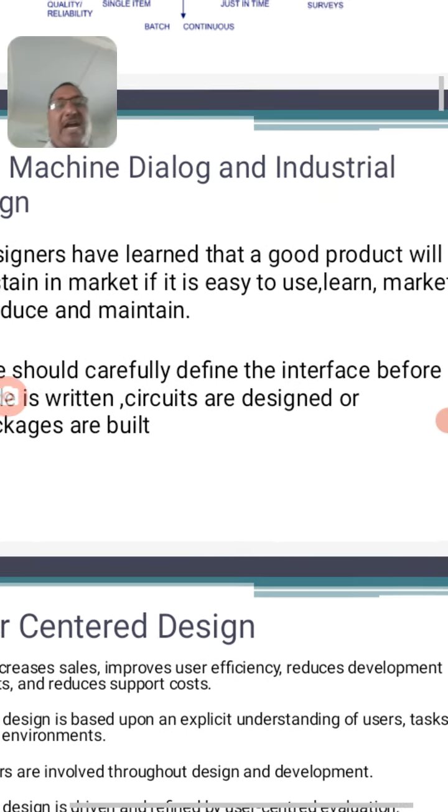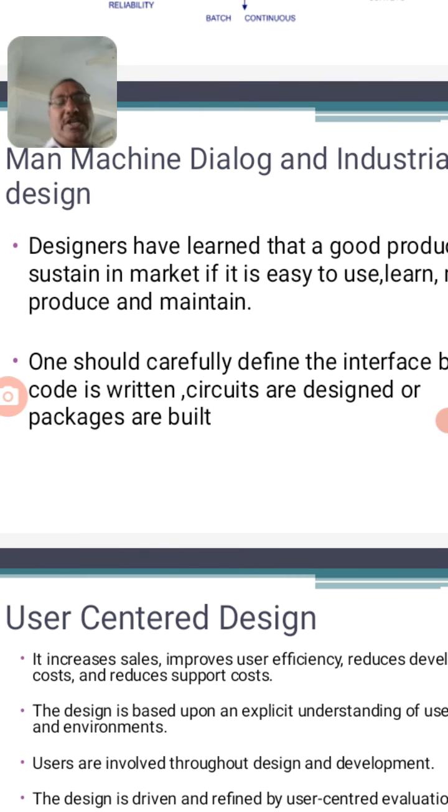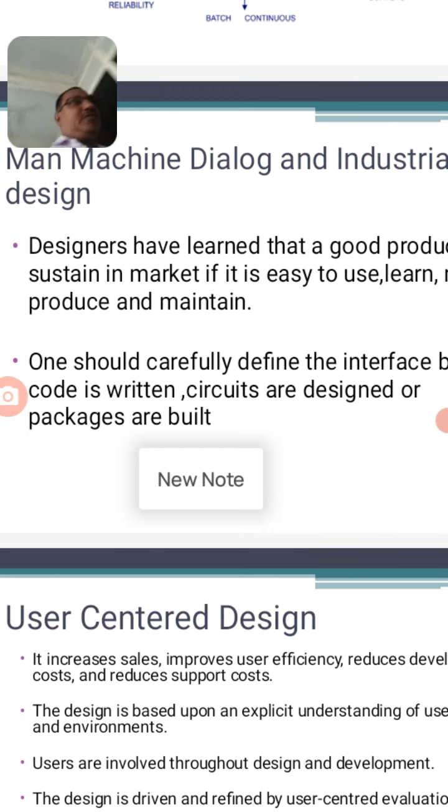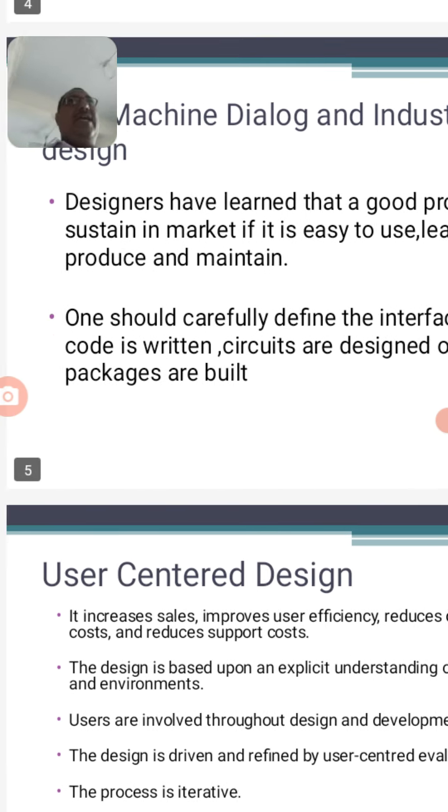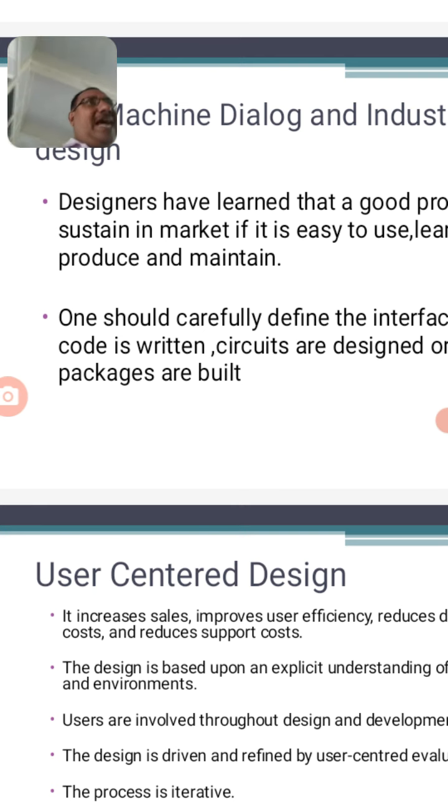One should carefully define the interface before code is written, circuits are designed or packages are built. Suppose we are starting with an automatic drip irrigation system for agriculture. In that case, we are designing a microcontroller based agricultural system. In this man and machine dialogue, the person who is using this drip irrigation system is an illiterate person.